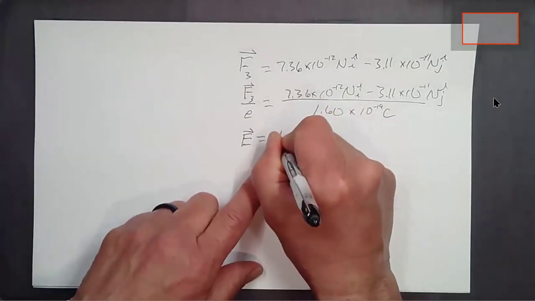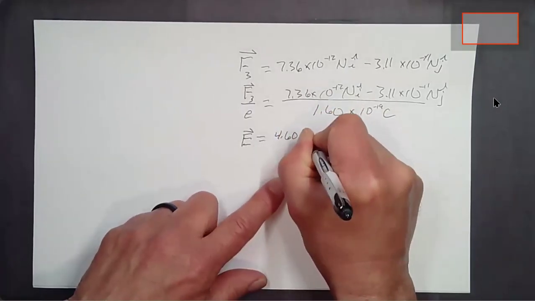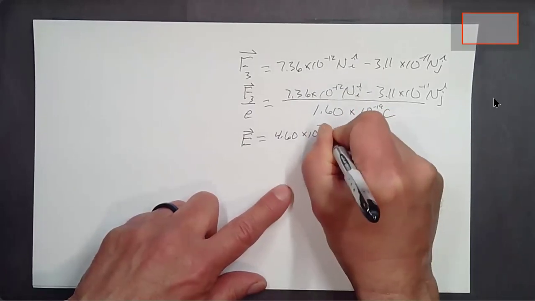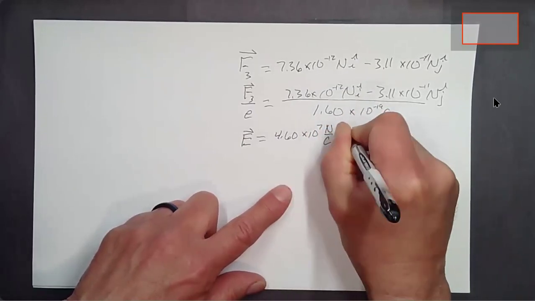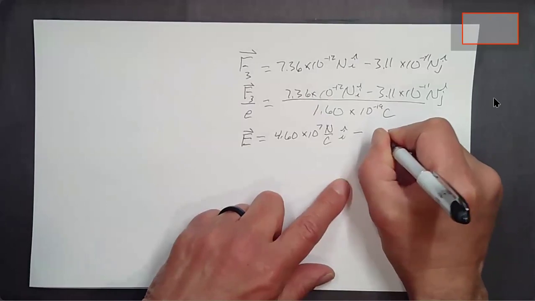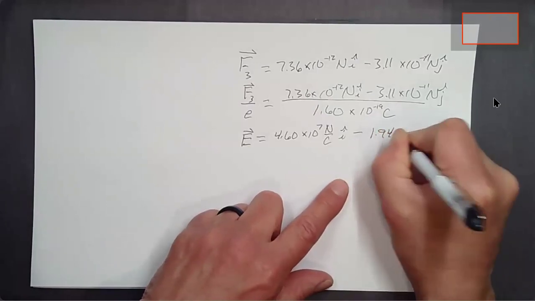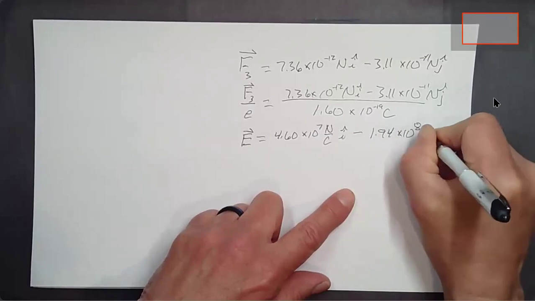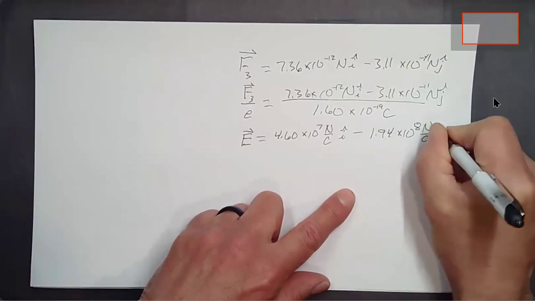I'd have 4.60 times 10 to the 7th newtons per coulomb in the i hat direction, minus, and I'd have to do that other one. Okay, that one would be minus 1.94 times 10 to the 8th newtons per coulomb in the j hat direction.